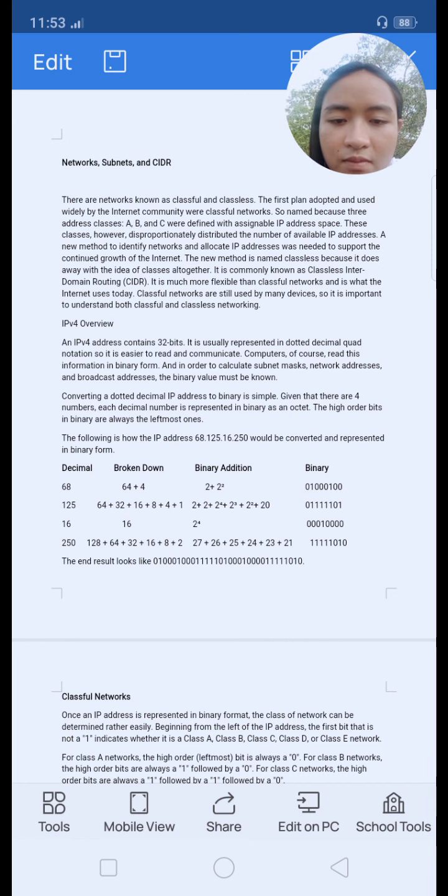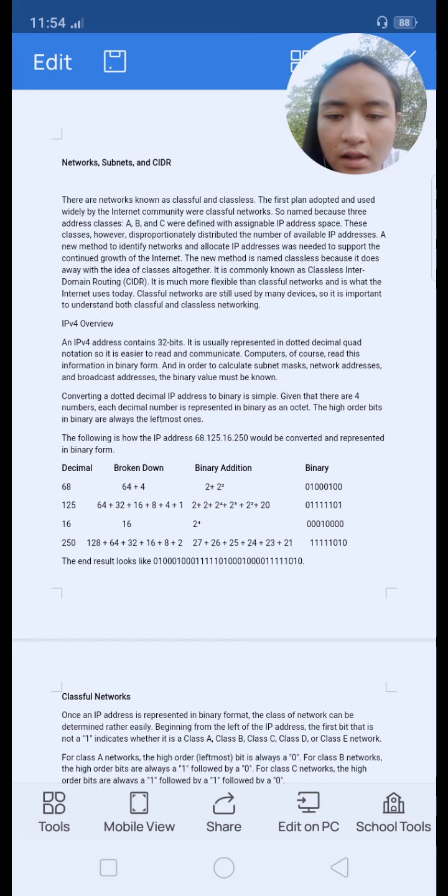For 125, in binary addition, we have 2 to the power of 6 plus 2 to the power of 5 plus 2 to the power of 4 plus 2 to the power of 3 plus 2 to the power of 2 plus 2 to the power of 0. In binary, we have 0, 1, 1, 1, 1, 1, 0, 1. For 16, in binary addition, we have 2 to the power of 4. In binary, we have 0, 0, 0, 1, 0, 0, 0, 0.